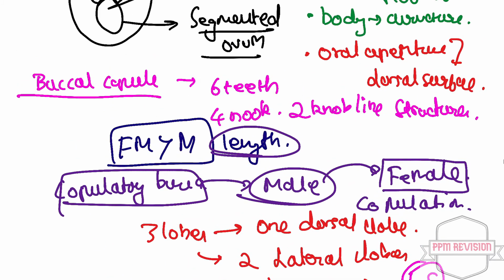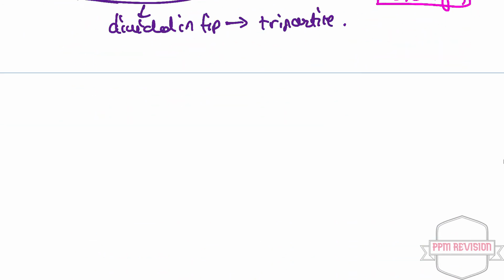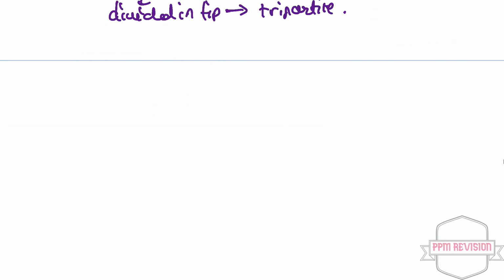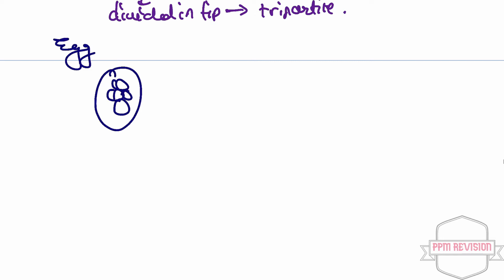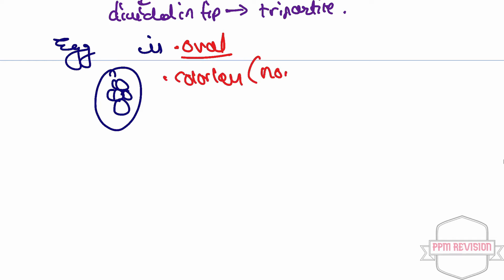So now we have already drawn the structure of the egg. Just to summarize, the egg is oval and colorless, and an important point, it is non-bile stained.